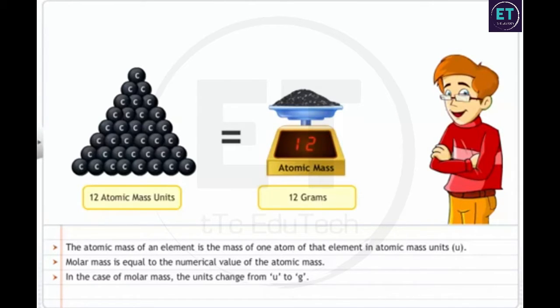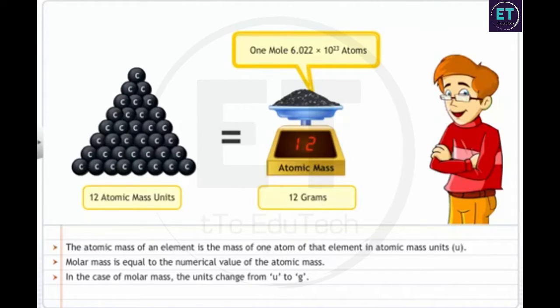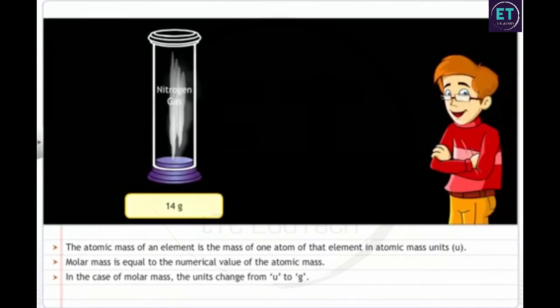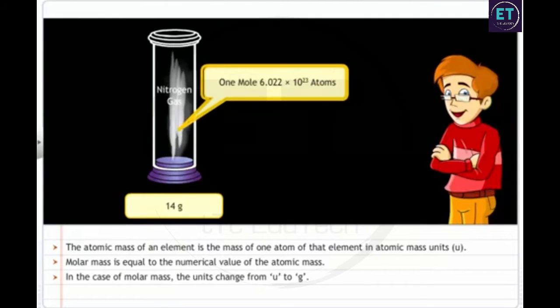Therefore, 12 grams of carbon is equal to 1 mole atom, which has 6.022 multiplied by 10 to the power of 23 atoms of carbon. Similarly, 14 grams of nitrogen has 6.022 multiplied by 10 to the power of 23 atoms of nitrogen.